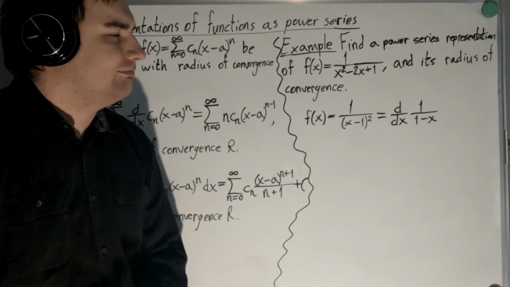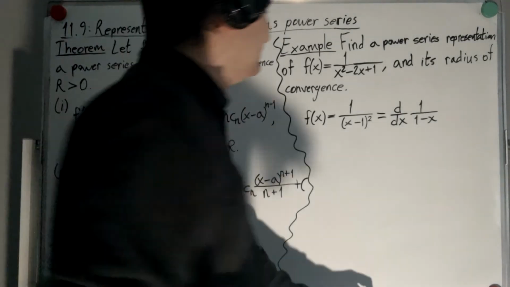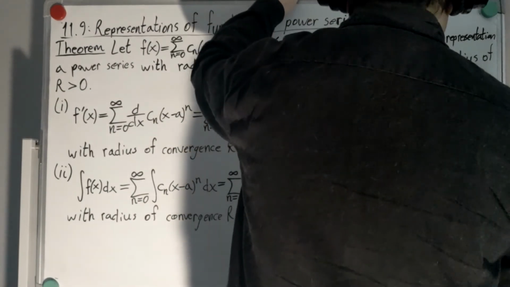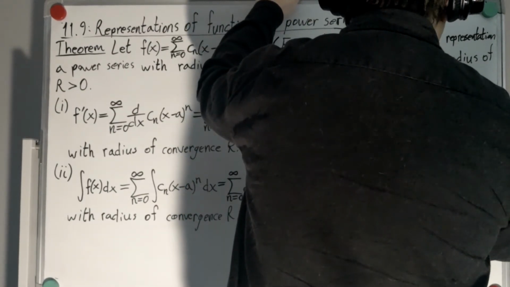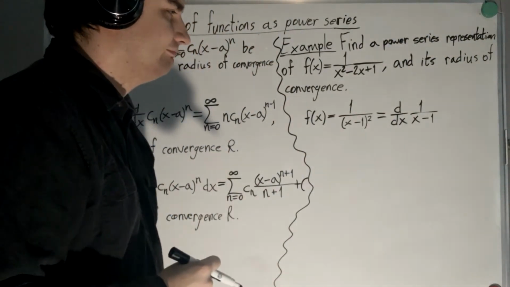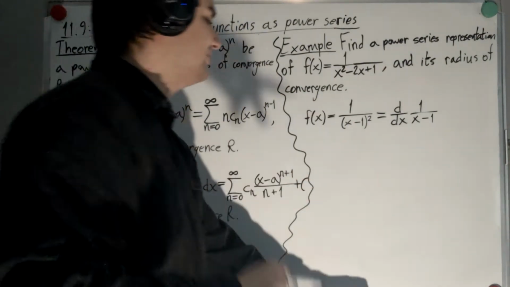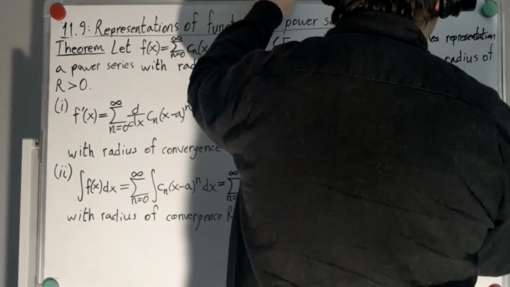Wait, so then wouldn't that mean that there's... Oh, wait, sorry. 1 over x minus 1. No, sorry, I had it right the first time.